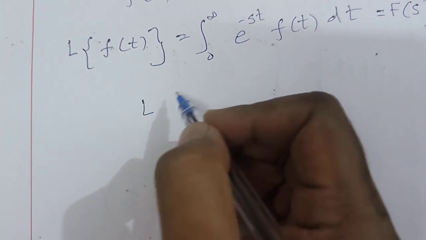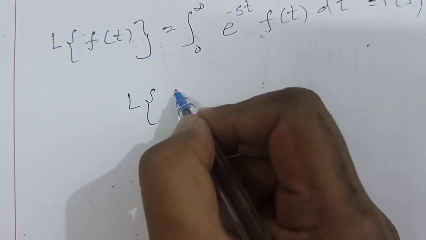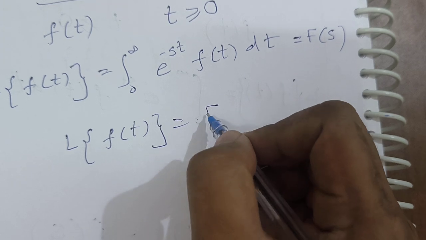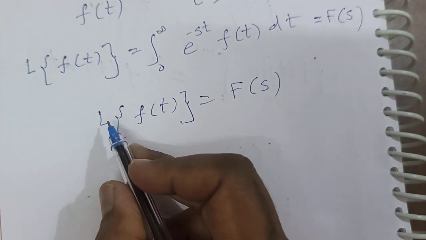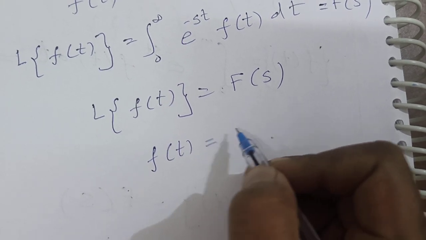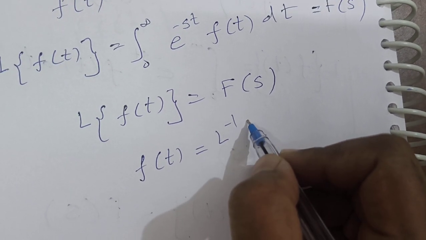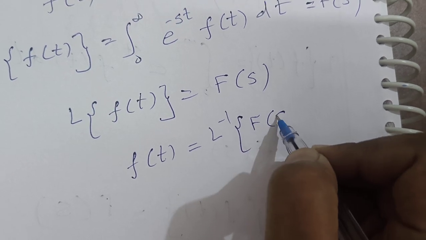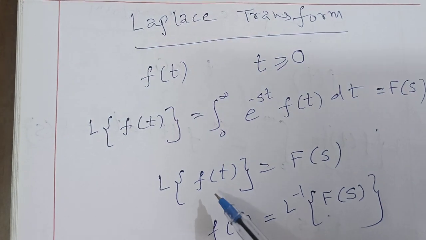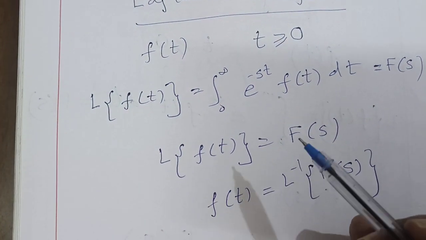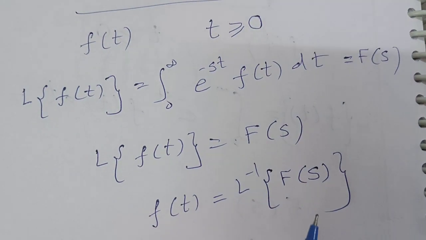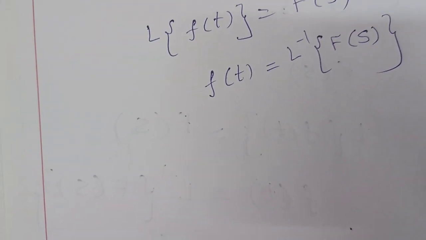So we will take L of small f of t is equal to capital F of s. When we take this L to the right side, small f of t is equal to L inverse of capital F of s. Means F of s is the Laplace transform of the function f of t, and f of t itself is the inverse Laplace transform of the function capital F of s.